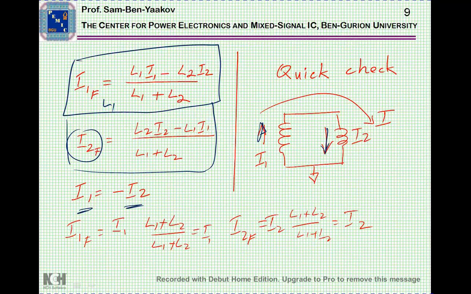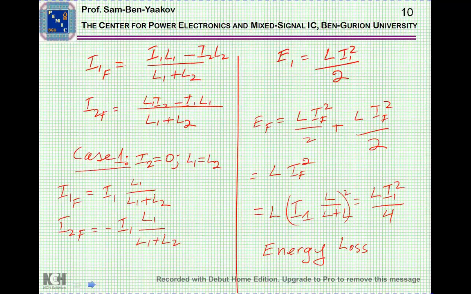What we actually get from this equation is that the final value is indeed I1, and the final value according to the equation is I2, which is okay. Now, what about the energies? We know the final value of the current for each inductor. And again, these values should be opposite, same magnitude, but opposite in direction.